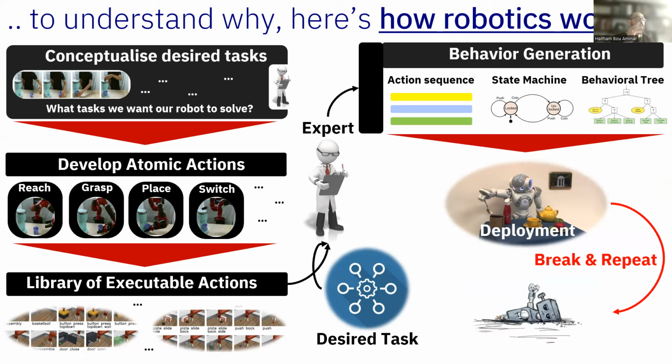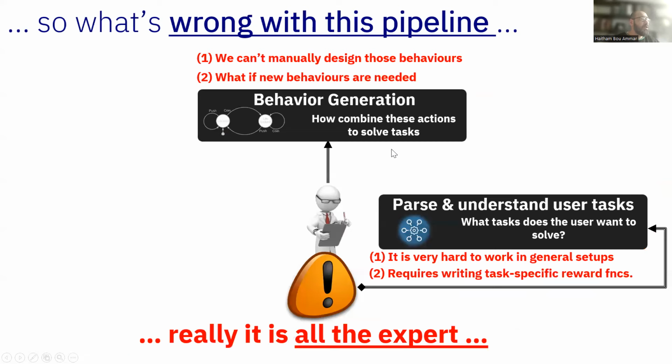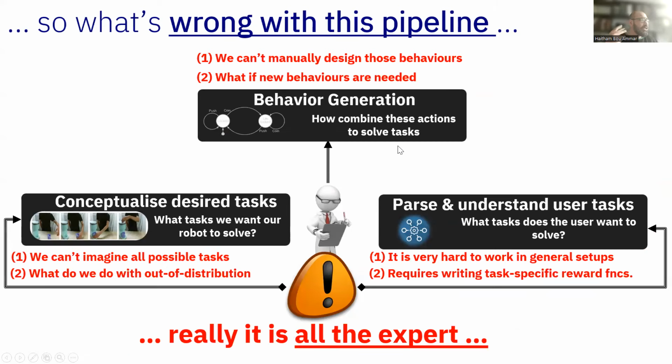Okay, so this is the traditional pipeline of how robotics more or less works. Today, of course, there's a lot of research to remedy this pipeline, like machine learning inspired research, which I will talk about a bit later. Now, what's the problem with this pipeline? If we look at it, we notice that in each of those three steps I mentioned before, from conceptualizing the task to parsing and understanding the task to generating the behavior, the expert is key.